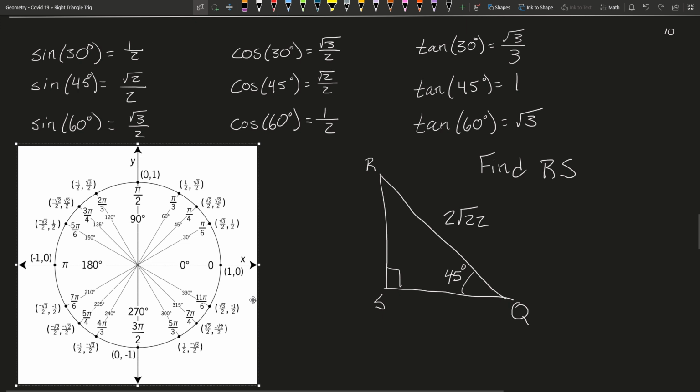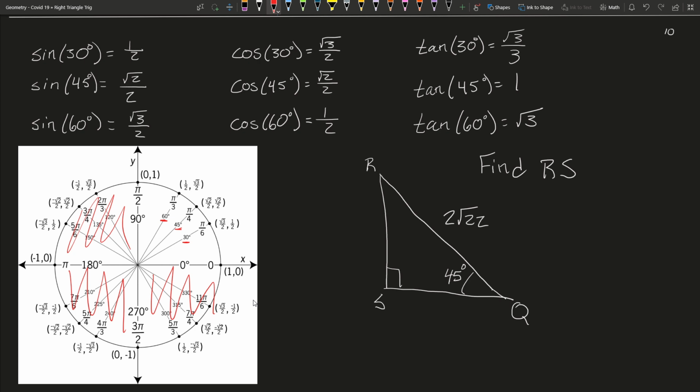If we graph a circle, which I get that you don't know how to do yet, there are certain points that are important. Given certain angles, so 30, 45, and 60, we're not going to worry about anything over here, down here, or under. We're just going to be worrying about that first quadrant.